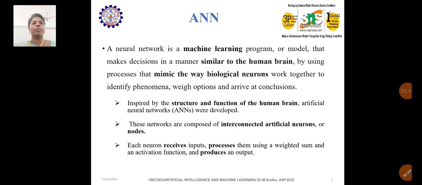Inspired by the structure and function of the human brain, artificial neural networks were developed. These networks are composed of interconnected artificial neurons or nodes. Each neuron receives inputs, processes them using a weighted sum and an activation function, and produces an output.